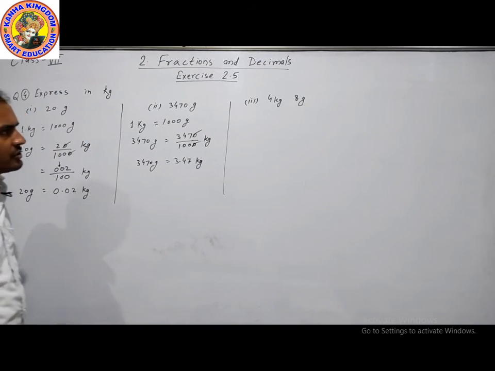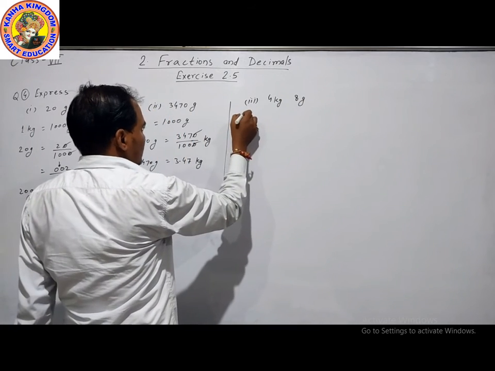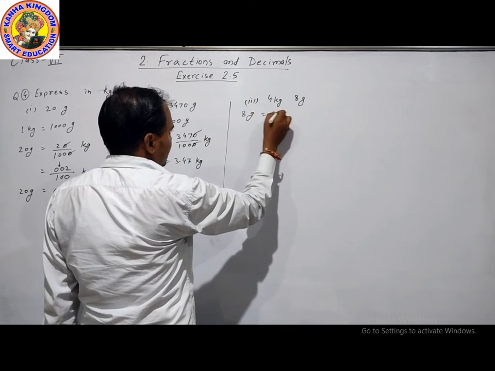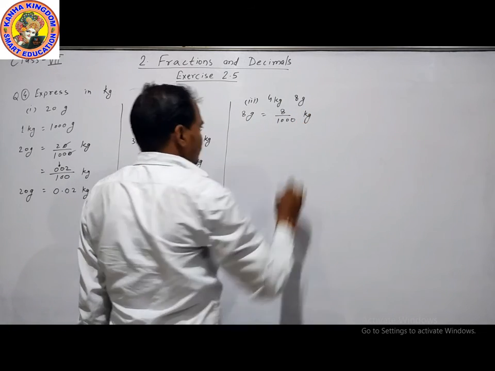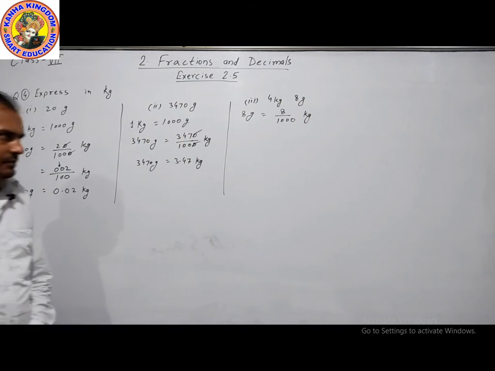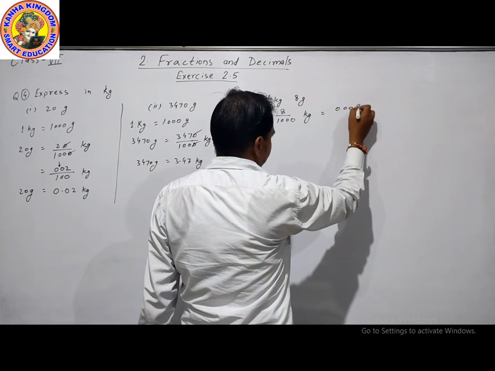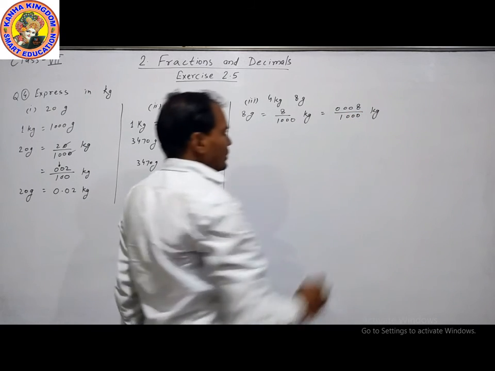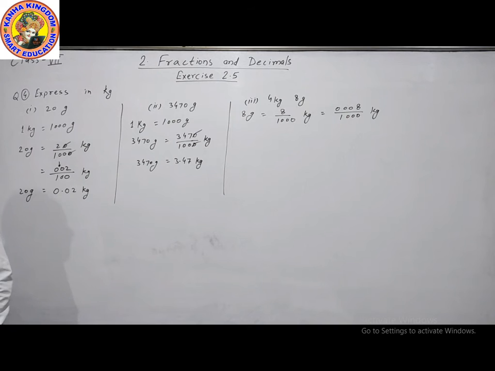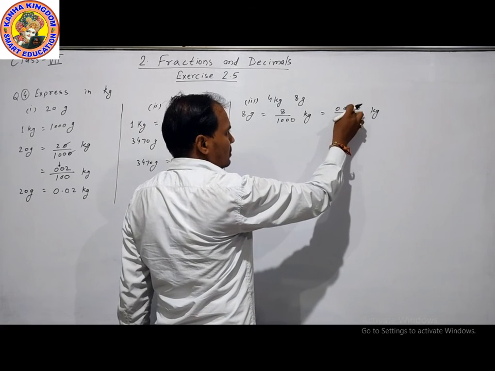Now next question is 4 kg 8 gram. Now first of all, 8 gram is equal to 8 divided by 1000 will convert into kilogram. Then we can add zeros at our left side. Now there are 3 zeros, so 1 2 3.